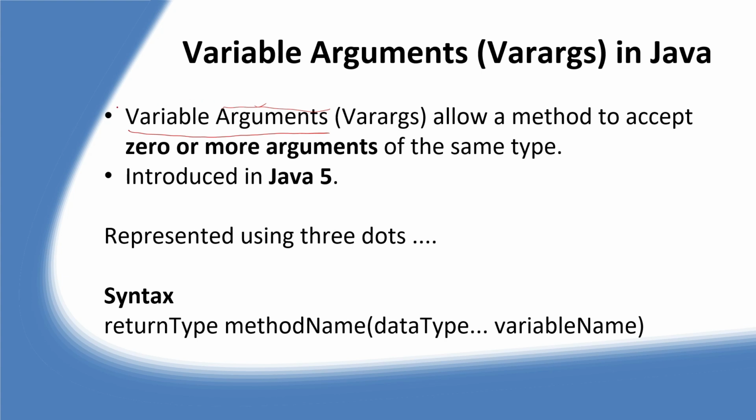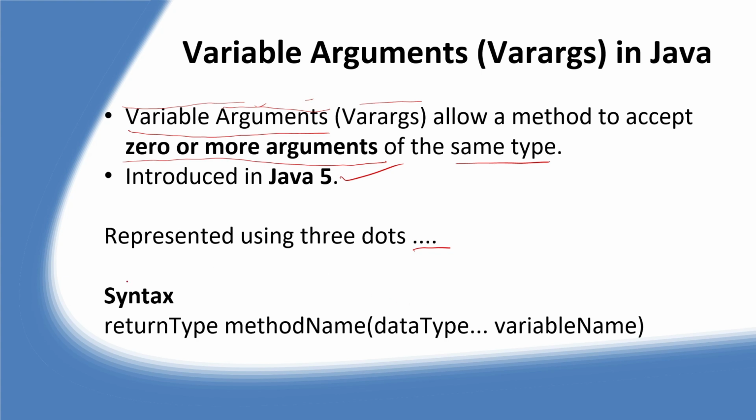Now it is saying variable arguments, Varargs. That means arguments will be variable. It allows a method to accept 0 or more arguments of the same data type. It was introduced in Java 5. So how is it represented? It is represented using 3 dots.